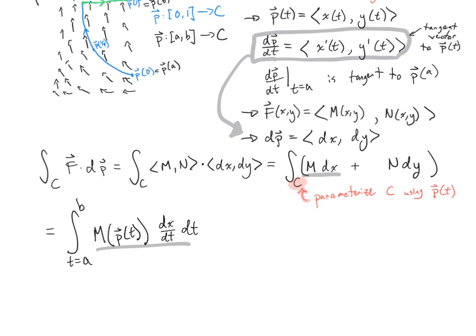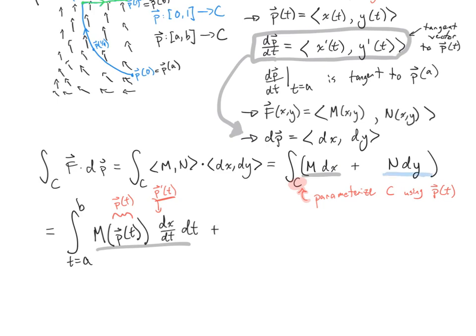So what I've done is I've plugged in P of T, and I'm adding this little thing that looks like P prime of T. Except, well, P prime of T had a vector, so this is just one of the components of it. And that happens because we split it up. So let's see the other component as well.